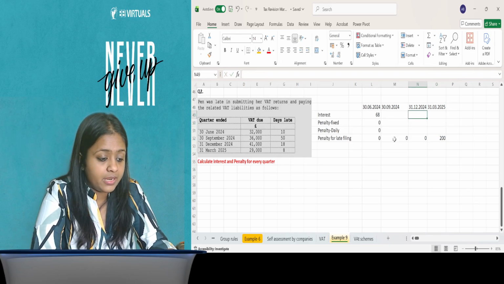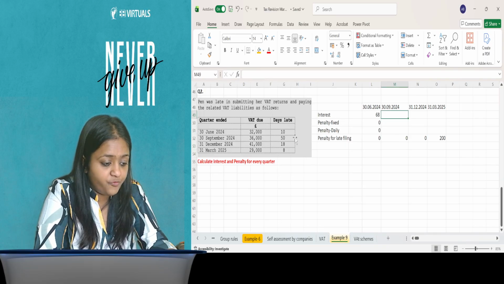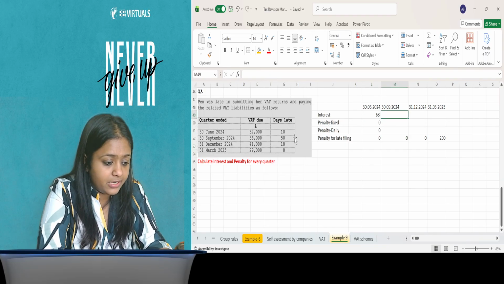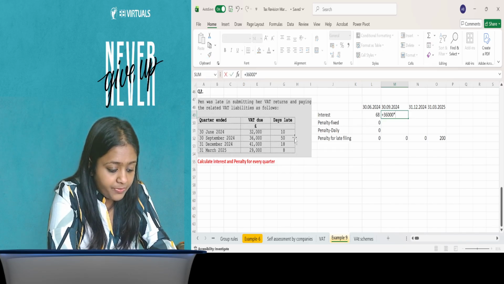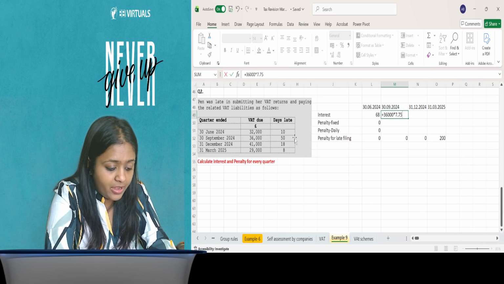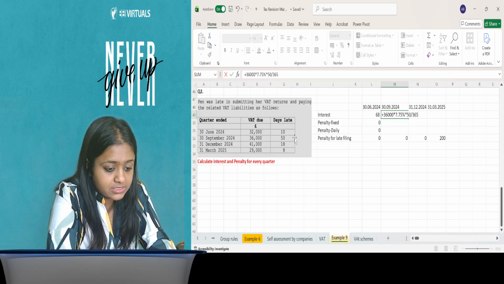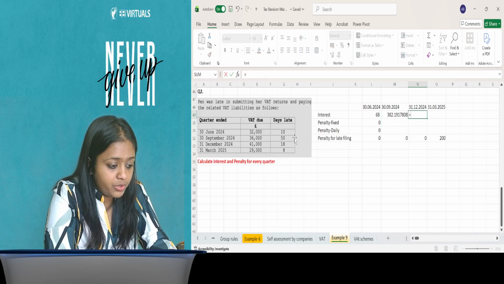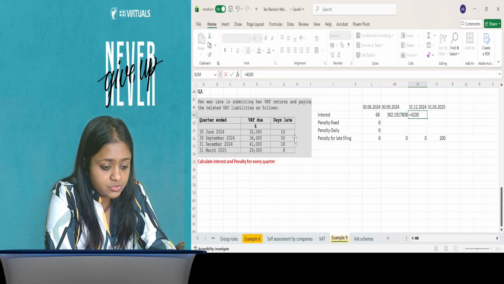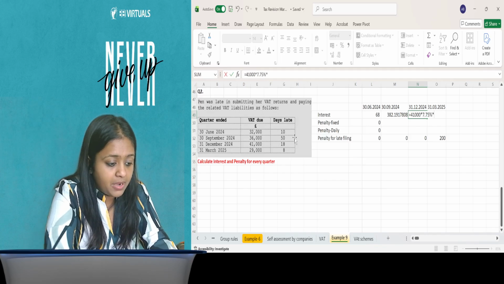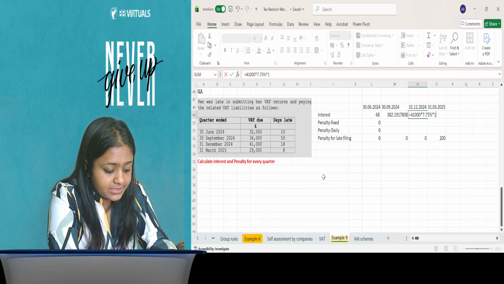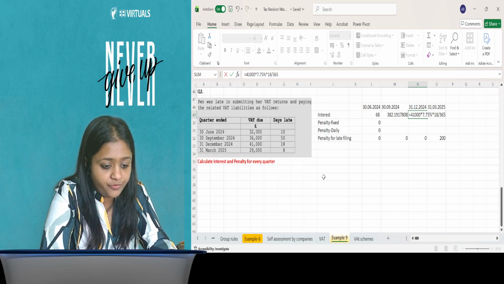Okay, now let's come to interest. Here we have a delay of 50 days. Same calculation, you will do 36,000 multiplied by 7.75% multiplied by 50 by 365. Here again you will do like this, 41,000 multiplied by 7.75% multiplied by the delay is 18 days, 18 by 365.